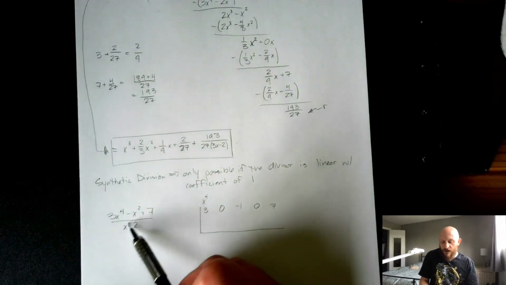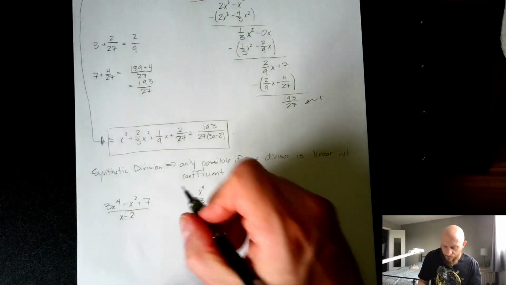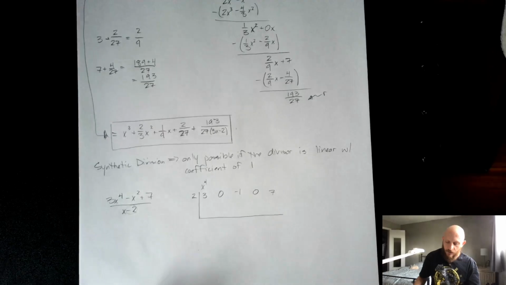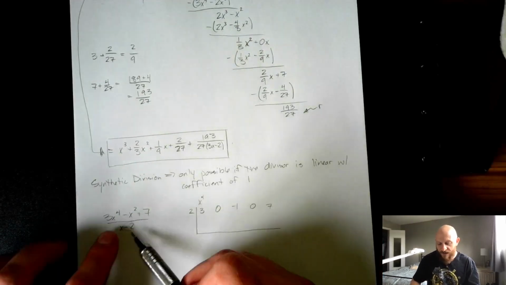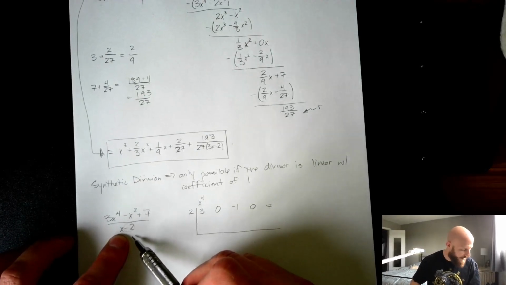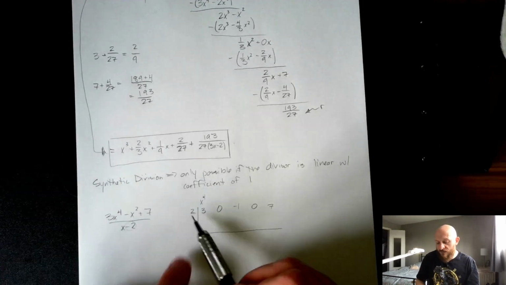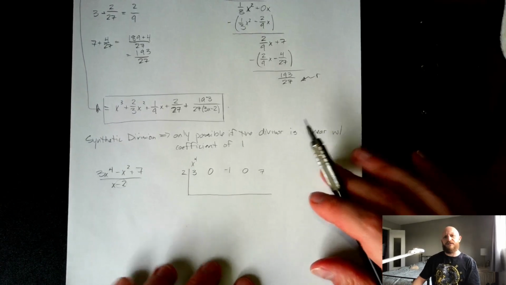So rather than writing -2 on the outside over here, I'll write a +2. Notice also that if x minus 2 was a factor of this, which it's not, it leaves a remainder, but if it was, then 2 would be the root. In any case, here's the big setup.